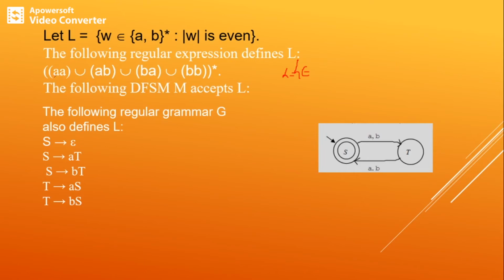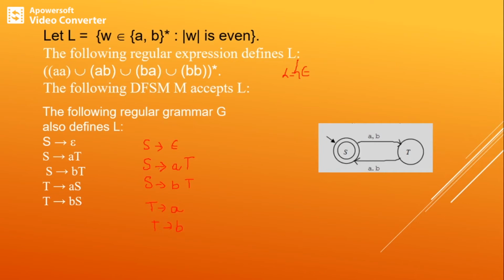The first character can be either A or B. Yes, epsilon because the language contains epsilon. Then S can give you A T, S can give you B T, because it tells that the first character can be either A or B, and the second character can be either A or B. Now what is T? T says the first character can be either A or B.